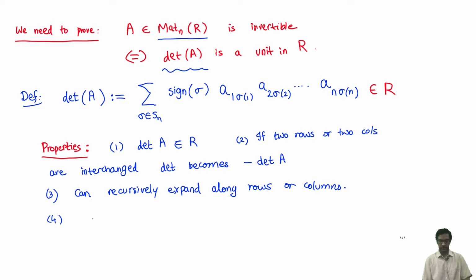And the fourth property, which is arguably the most important, says that if I take the product of two matrices, the determinant of the product is just the product of the determinants. This is not so easy to prove from the definition. It requires a little work, maybe using the elementary row operations and so on, and this is something we'll come to later.